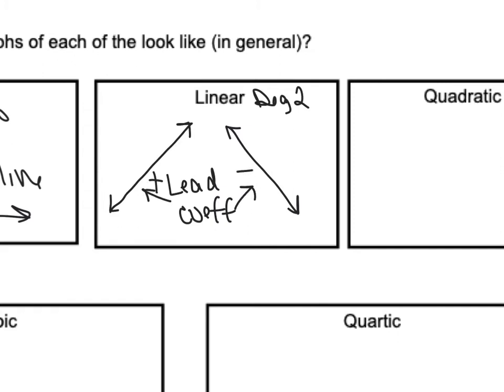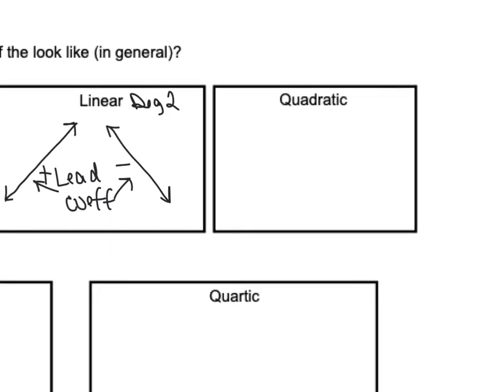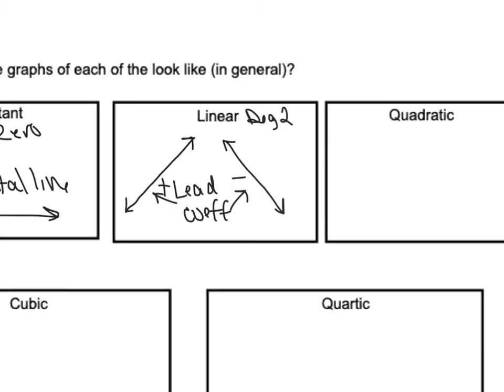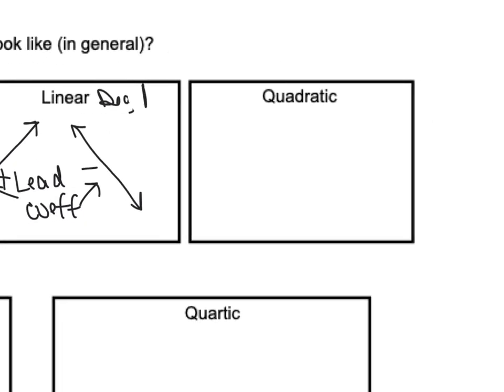If it's going down, it's a negative lead coefficient. Same thing with quadratics. Oops, I'm sorry, go back to the linear. Linear has a degree of 1. I said the wrong thing there. Linear has a degree of 1, not 2. Sorry about that. Quadratic has a degree of 2.